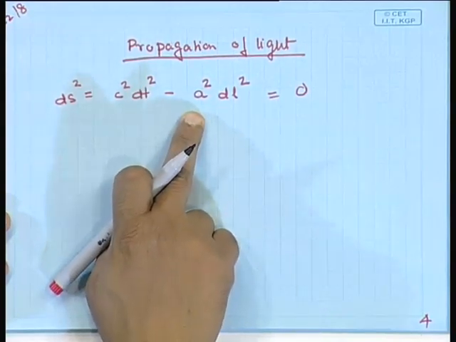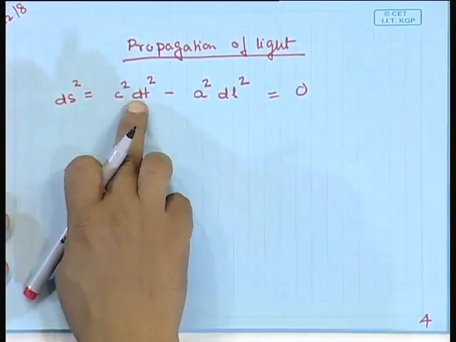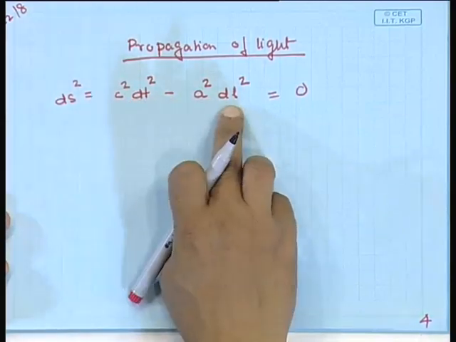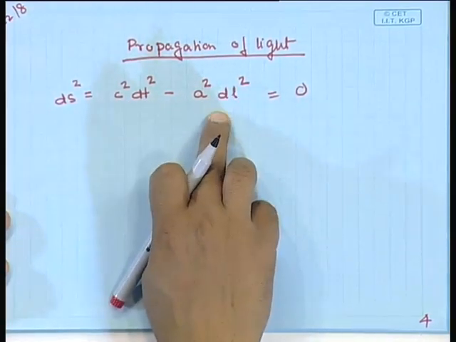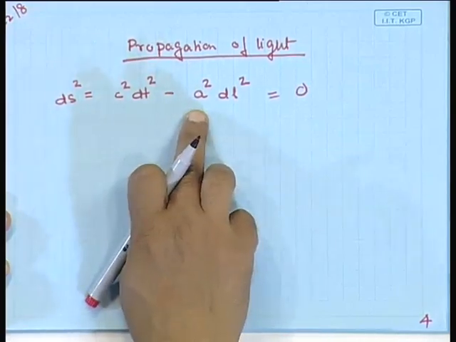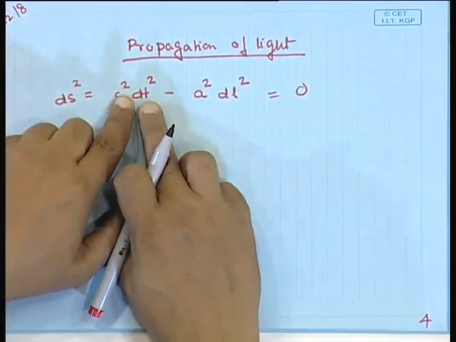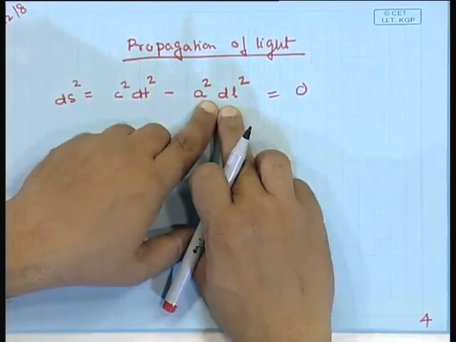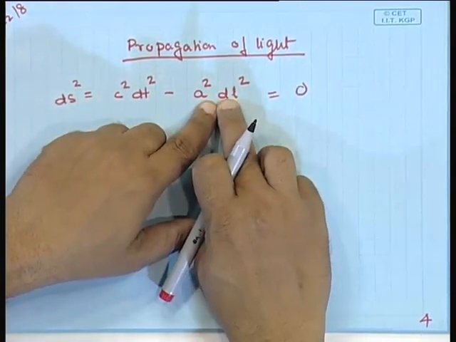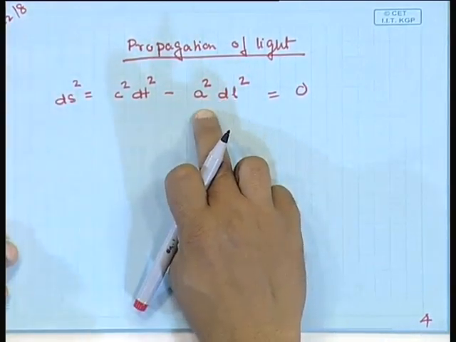As a consequence, in 1 second, the amount of comoving distance that light covers will depend on the value of a. Suppose I fix dt to be 1 second, then the delta L, the comoving distance that light covers, will depend on the value of the scale factor.